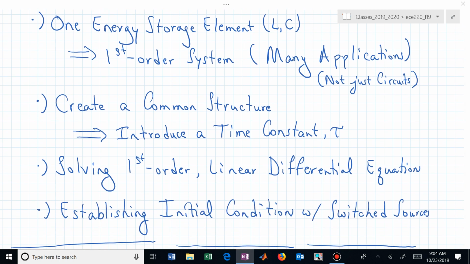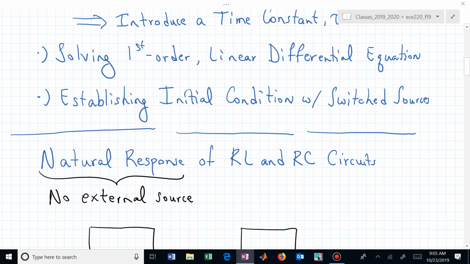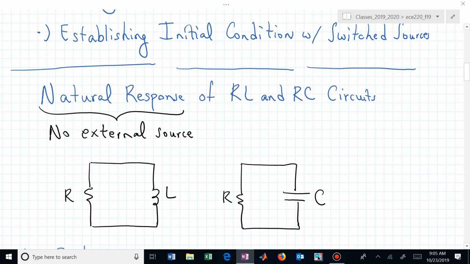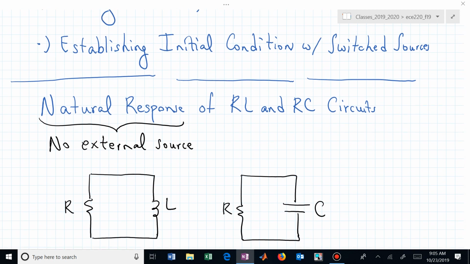We'll create a common structure, and then we really just have to solve it once. We'll just have to keep track of what tau is. This is the time constant that we will be referring to, and the name gives it away. It is a length of time, and we'll be talking about how that length of time influences the exponential response. We'll solve first-order linear differential equations, and then we'll establish initial conditions by switching sources in and out of our circuit.